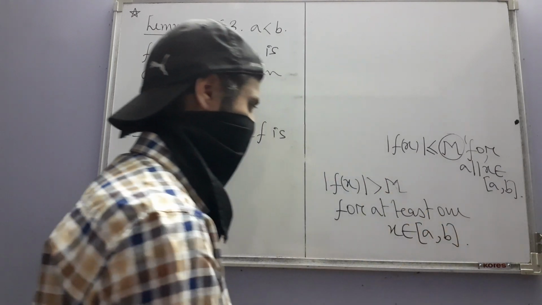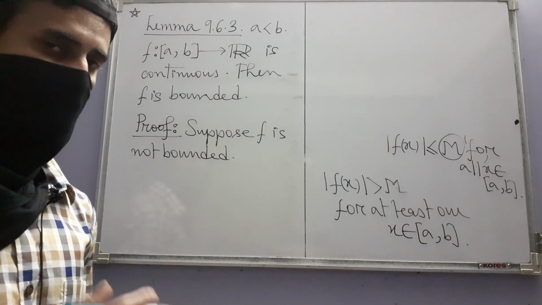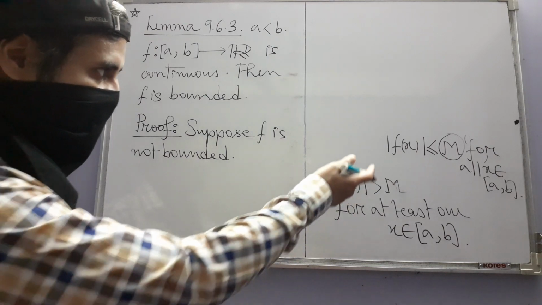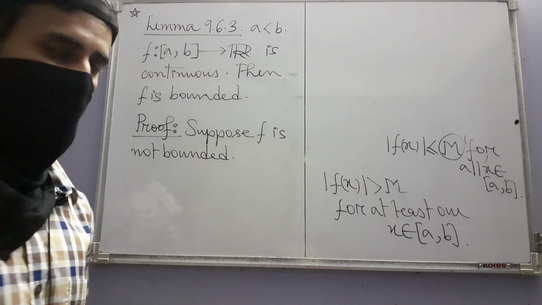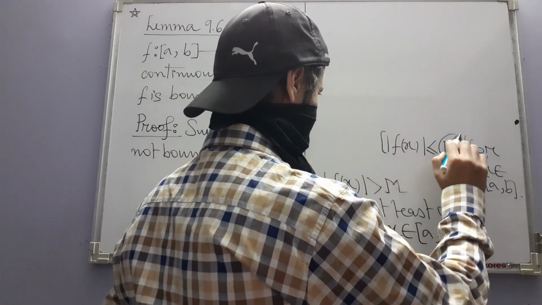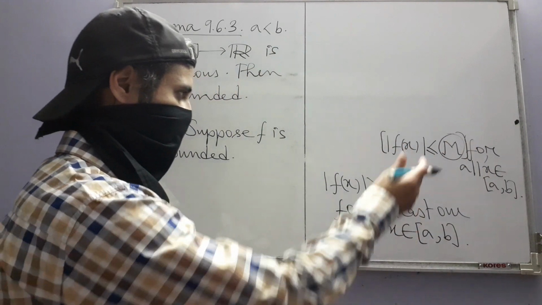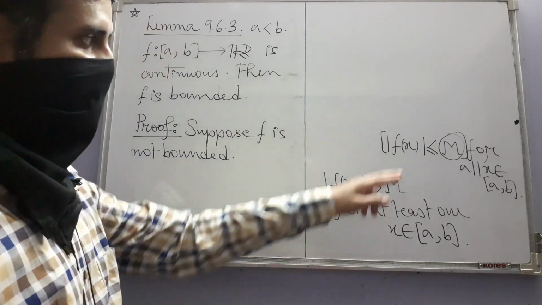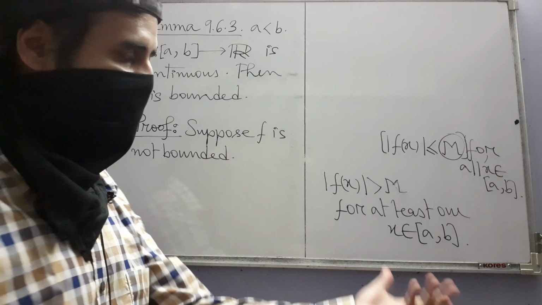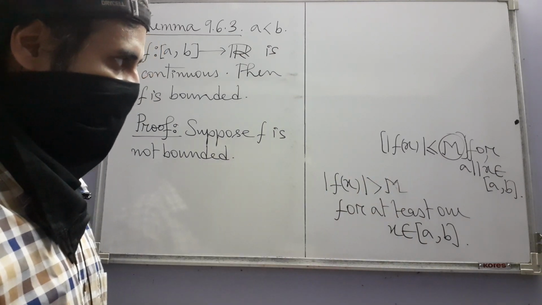Actually, there is a general mechanical rule of turning such a statement into its negation. Namely, this part, you just simply negate it. This is less than or equal to m. This is not less than or equal to m. That means this is greater than m.